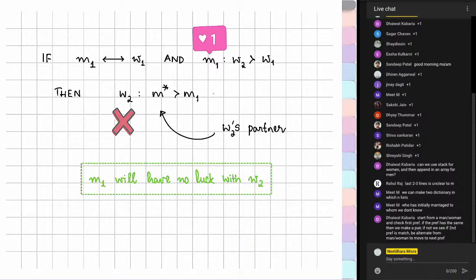Therefore, there is no risk of M1 eloping with W2. So is the target clear? Give me a +1 in the chat if you're still tuned in, and if the problem statement is clear. You want to come up with a marriage where this criteria is true for all possible choices of M1 and W2.